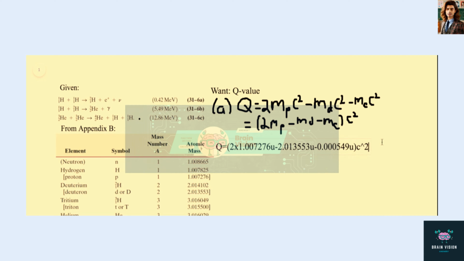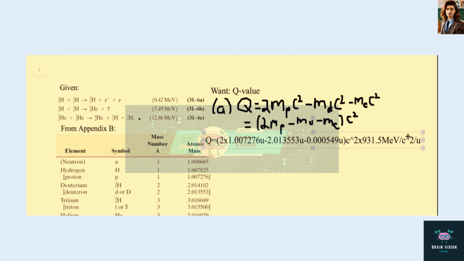And now you'll note that our units are in atomic mass units times c squared, whereas our final answer, we're looking for it to be in mega electron volts. So we'll need a conversion factor, which is 931.5 mega electron volts per c squared per u. And so you can check that the units all cancel out to give us the result in mega electron volts.